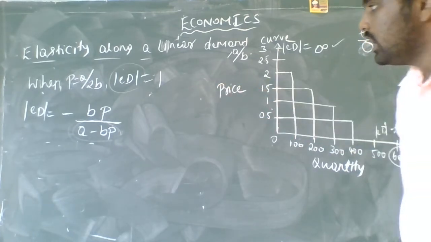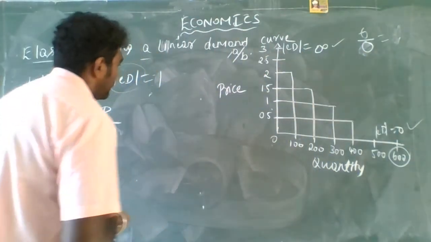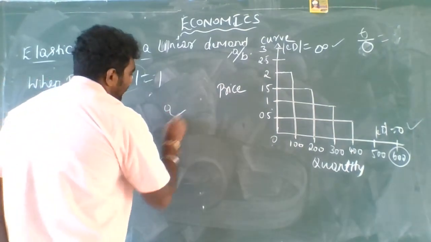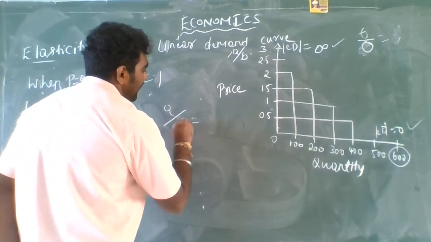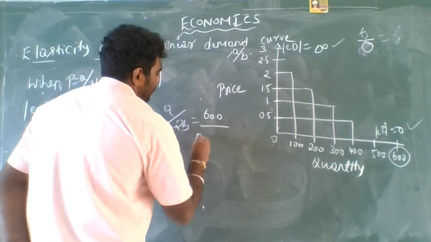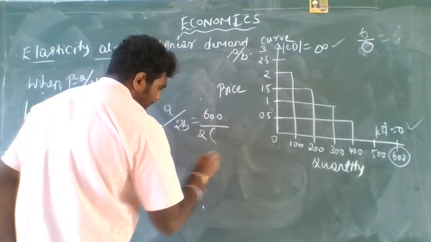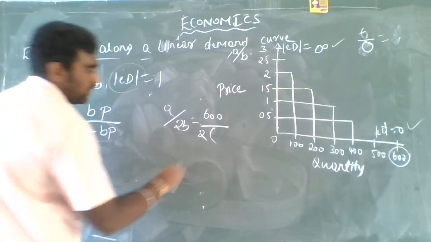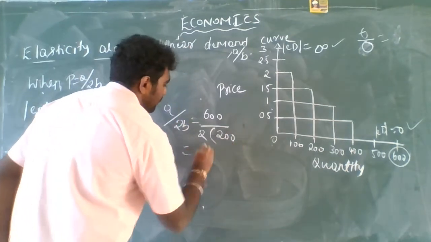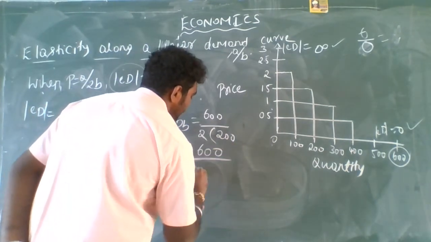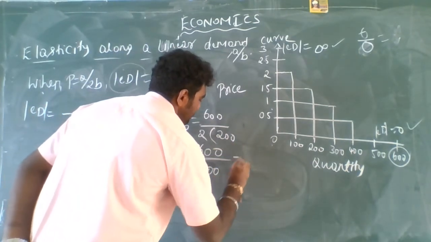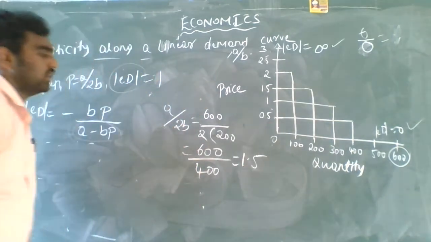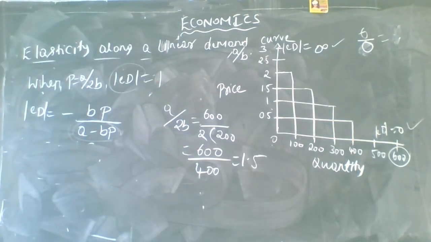If I substitute A divided by 2B, A is 600 and 2 into B, B is 200, so 600 divided by 400 is 1.5.